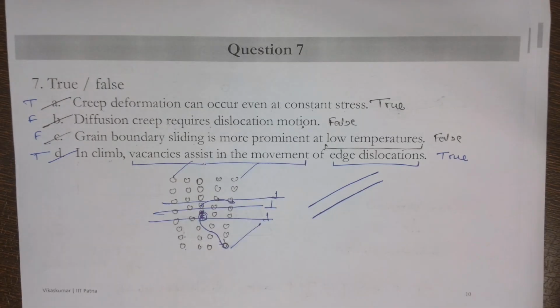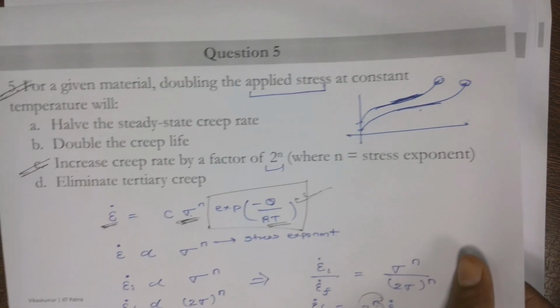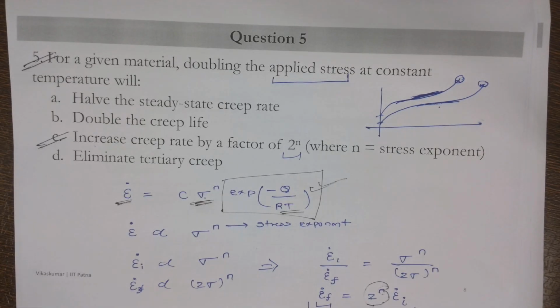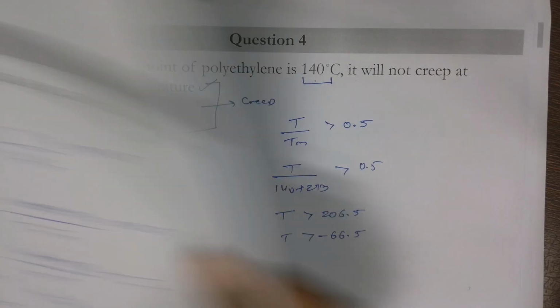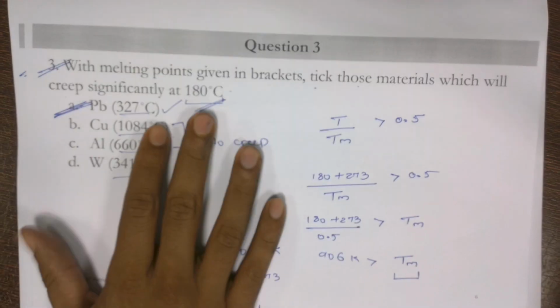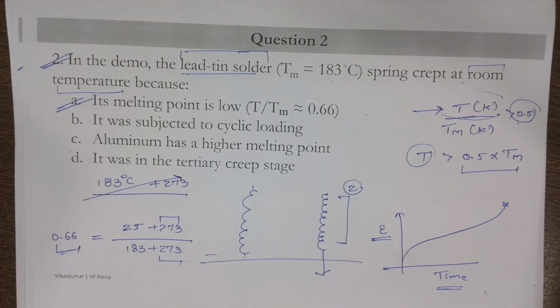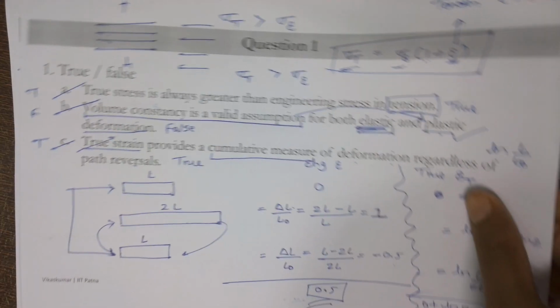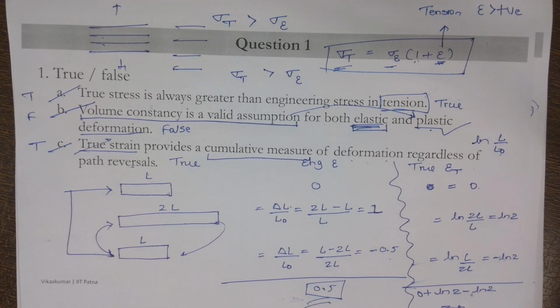Then we discussed the creep phenomena, creep mechanisms, how the factors are going to change, under what temperature the creep will happen, and which material can undergo creep depending upon the testing temperature. Then Latin solder, which is very famous for showing the creep phenomena, and then true stress and true strain, which we have discussed.